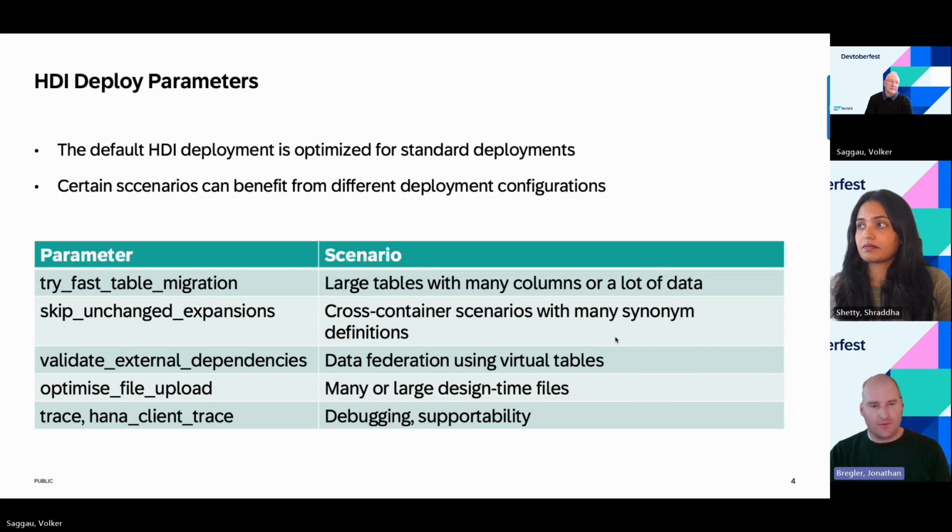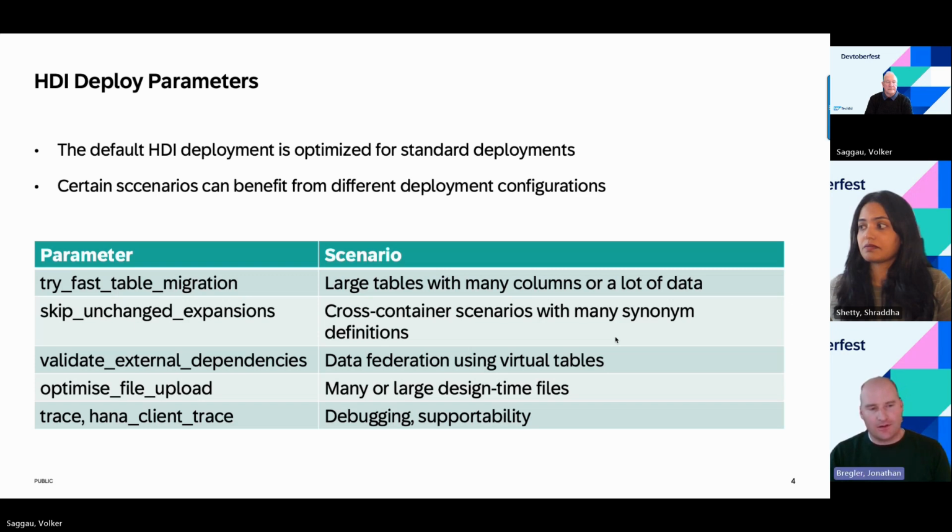The next parameter that I'll touch upon is called skip unchained expansions, and this can be particularly useful if you have complicated modeling scenarios or other container scenarios that access many different other schemas through synonyms. And in that case, this can significantly reduce the scope of a deployment.